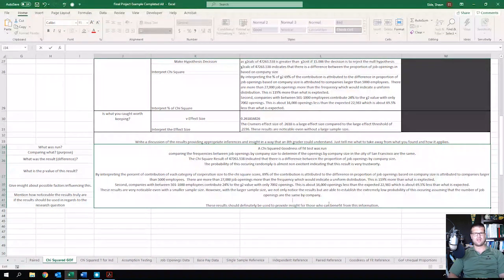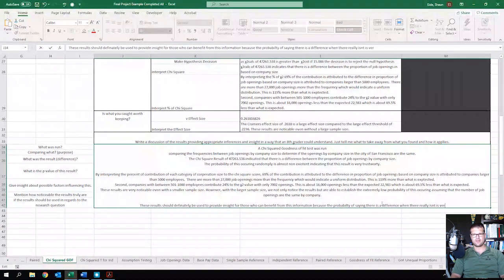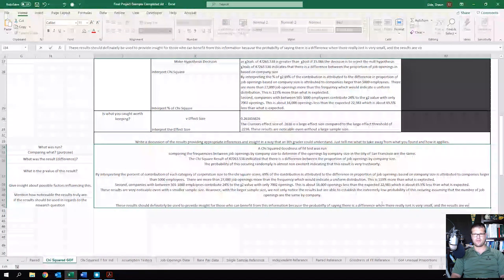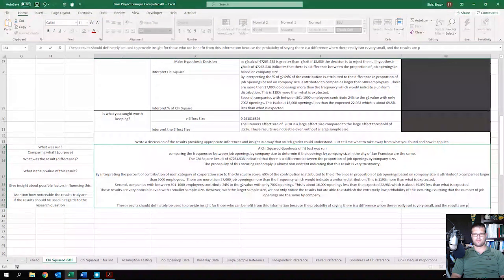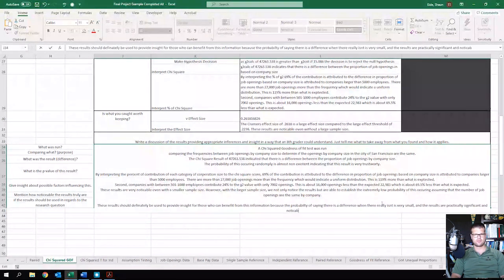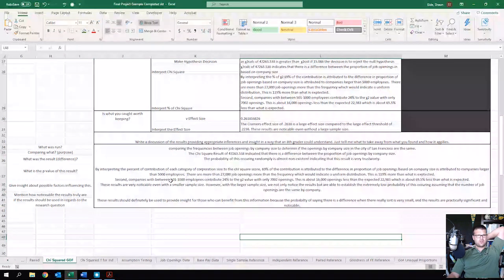Therefore, these results should definitely be used to provide insight for those who can benefit from this information, because the probability of saying there is a difference when there really isn't is very small, and the results are practically significant and noticeable. Okay, and so that's kind of how you write that up.